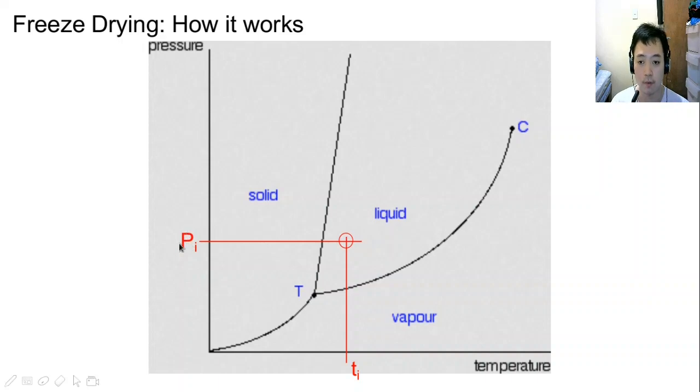If you lower the atmospheric pressure, say from here to there, it will be easier for the water molecules to fly out as vapors, because it's vapor pressure versus atmospheric pressure.